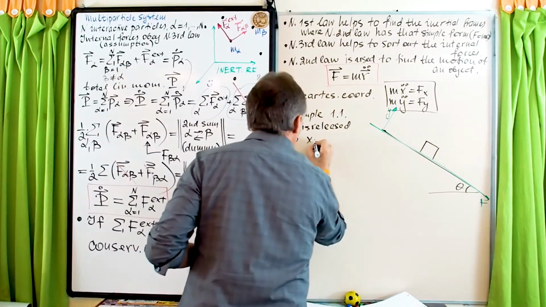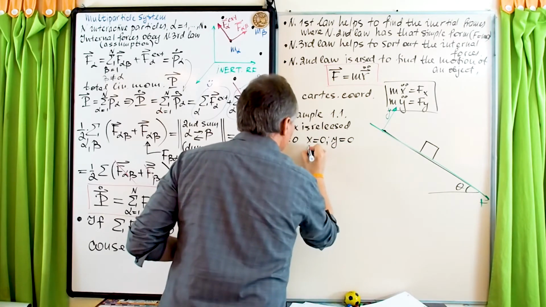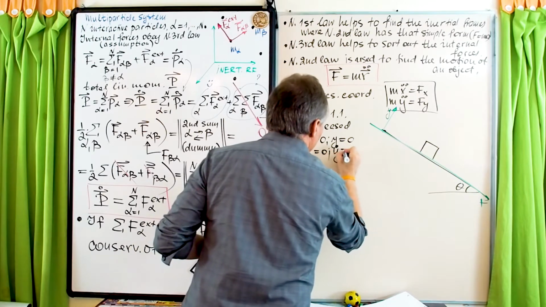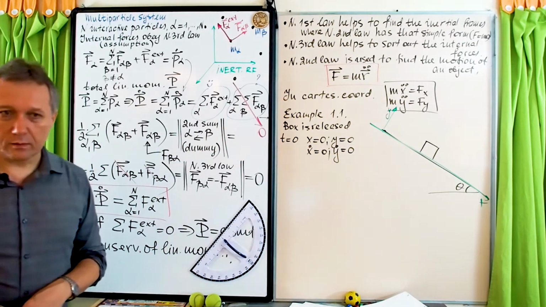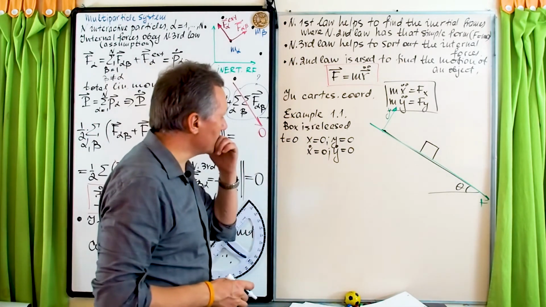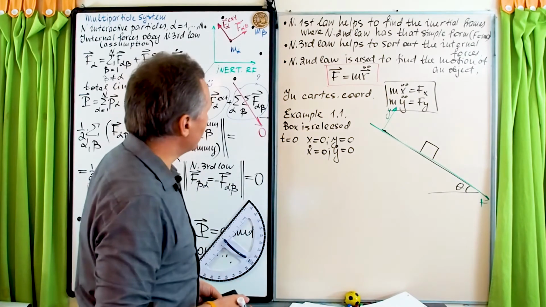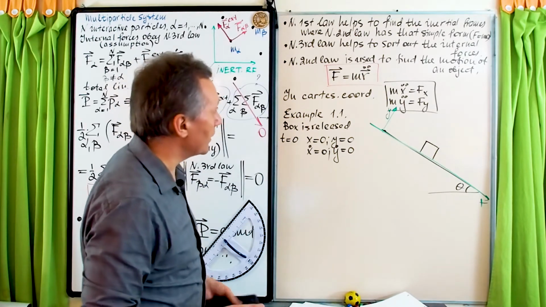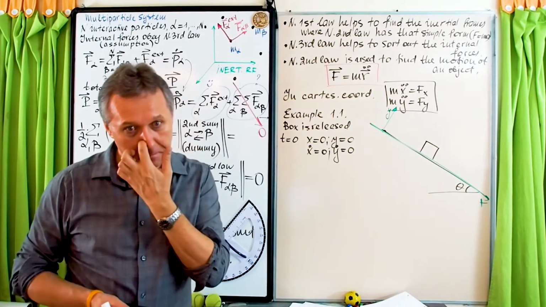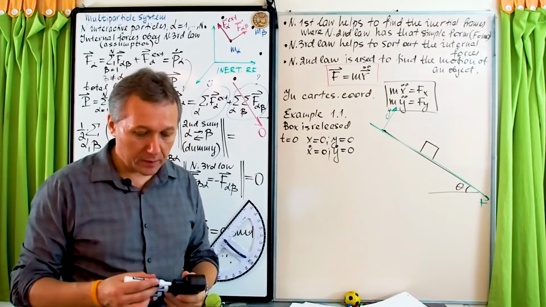So at the initial moment the coordinates were 0 and velocities were 0, since it was released. There is friction. We need to find x as a function of time, to describe the motion of this block.